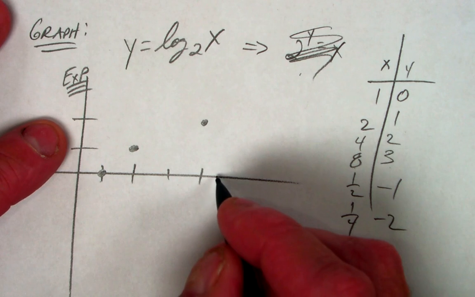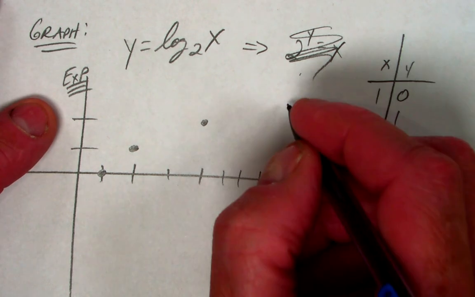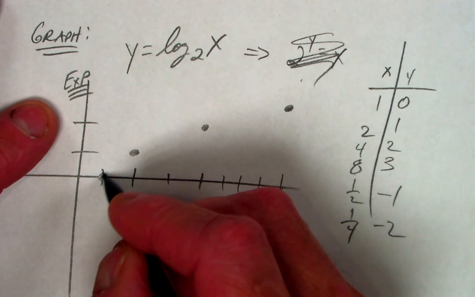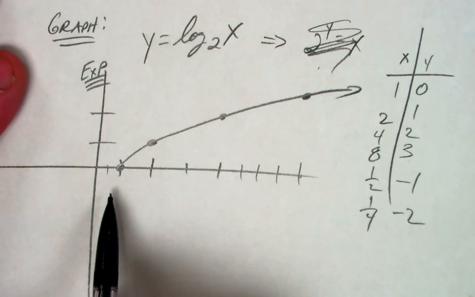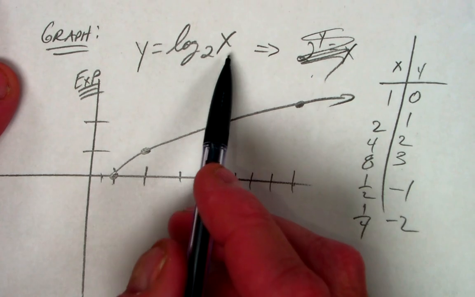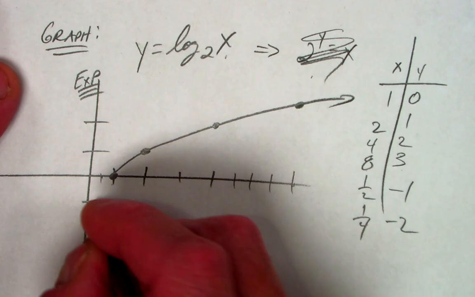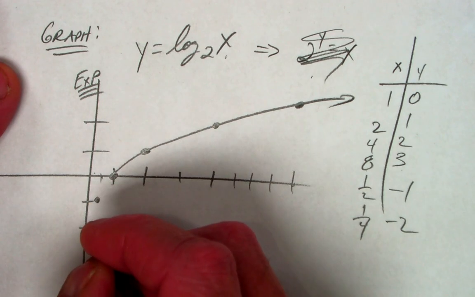What's the next one? 8 would be 2 to the third. Okay. 1/2, -1. 1/4, -2.